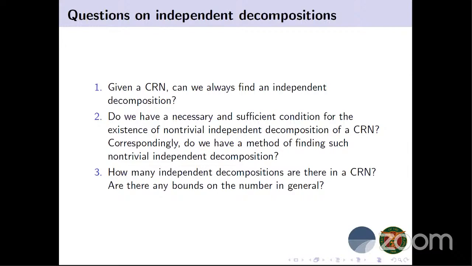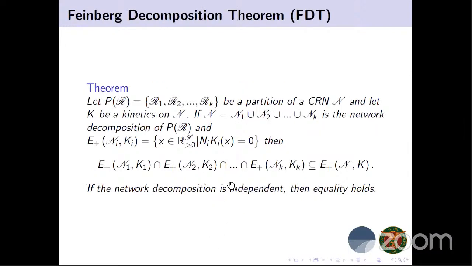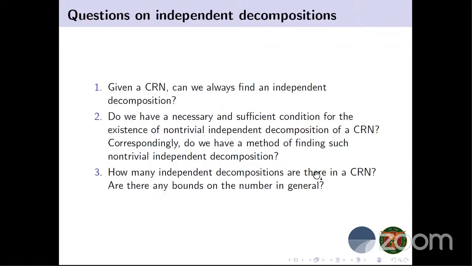And number two, do we have a necessary and sufficient condition for the existence of a non-trivial independent decomposition of a CRN? And correspondingly, by that, say a theorem, do we have a method of finding such a non-trivial independent decomposition for us to exploit this theorem here? We want the independence for us to study these equilibria sets with equality. So that would be the motivation.